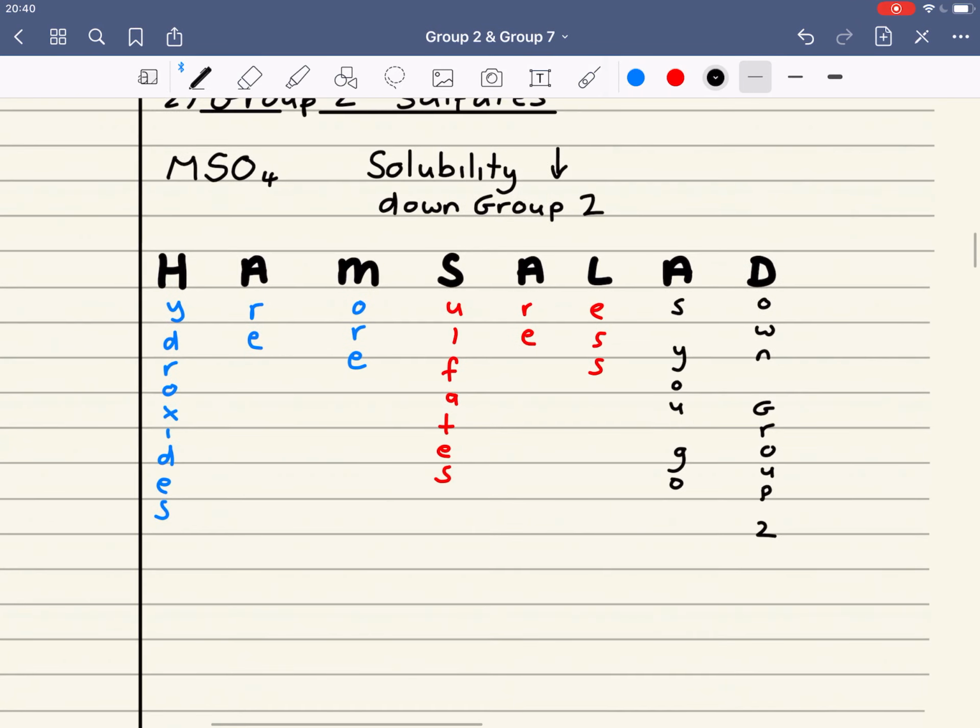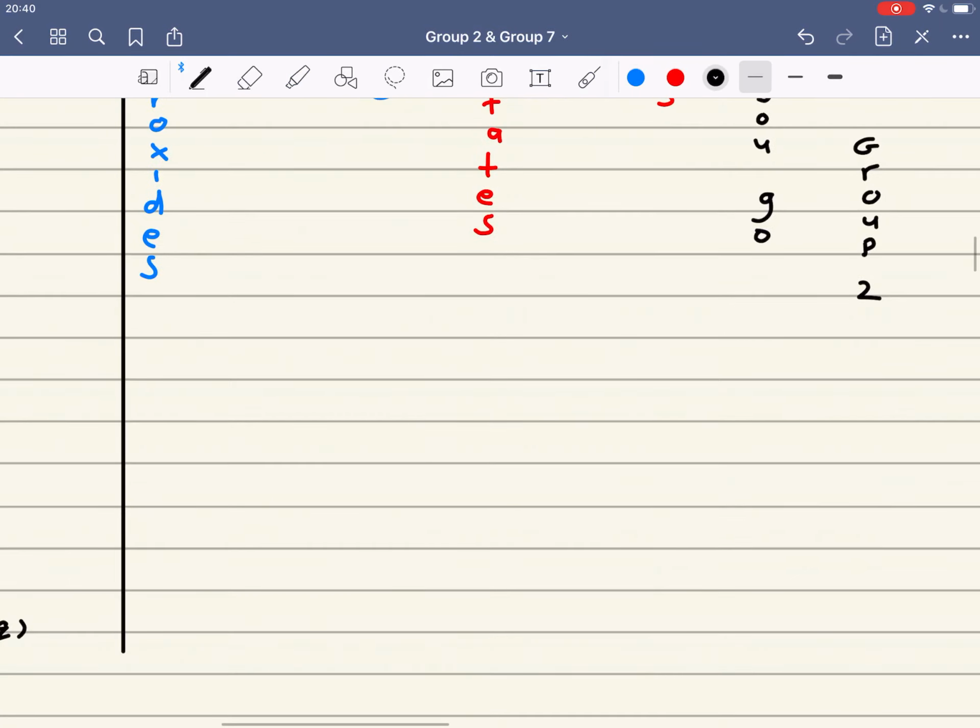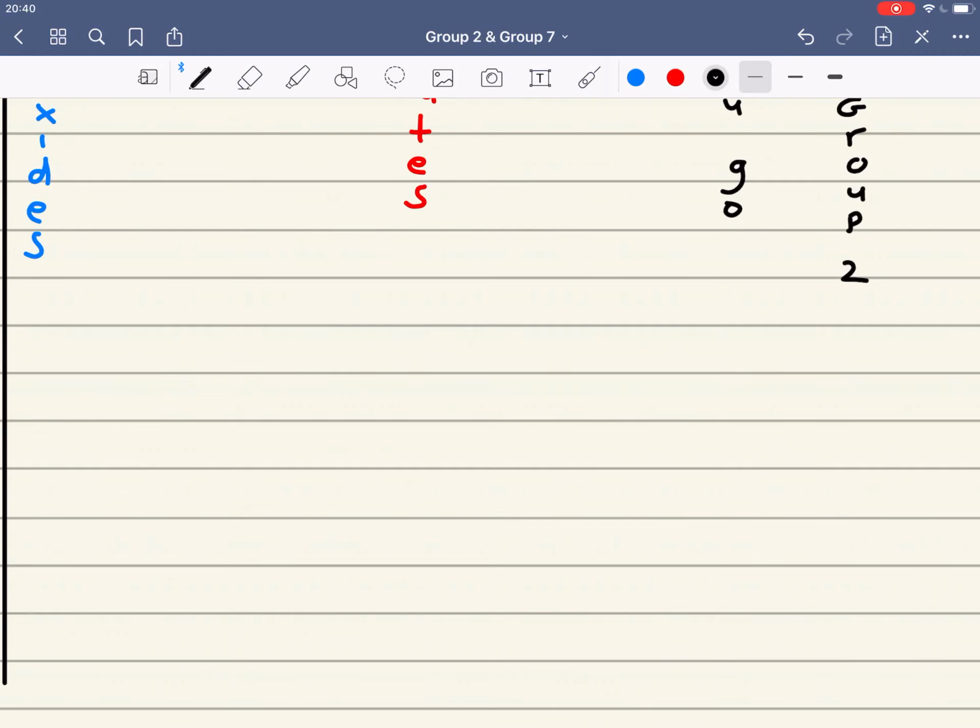Now, the solubility decreasing down group 2 gives us the basis for a chemical test for soluble sulfate ions.